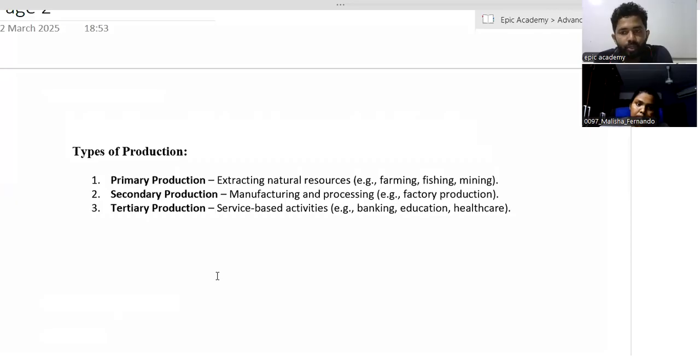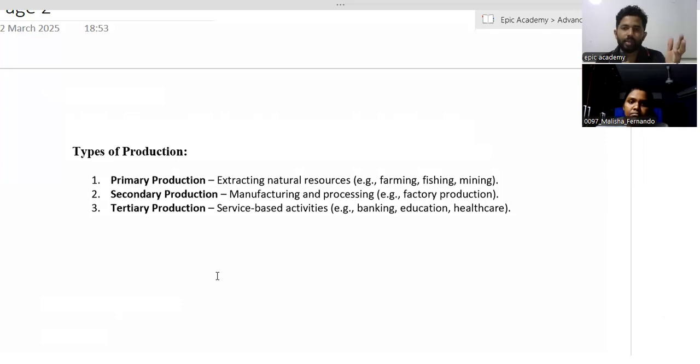We are not going to use many kinds of man-made capital. In primary production, we are using simple technology, simple equipment, simple machinery.